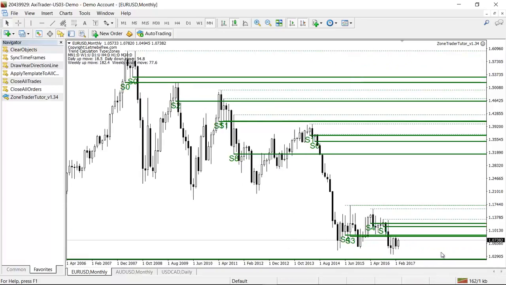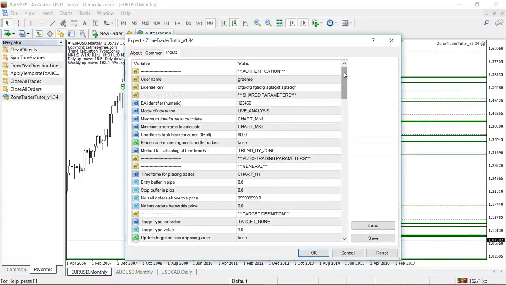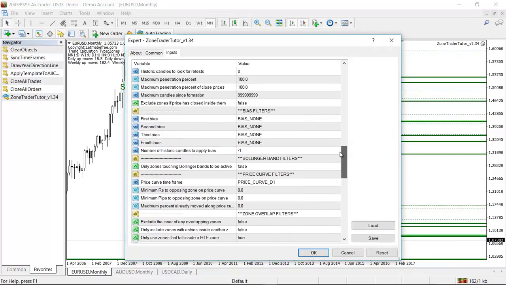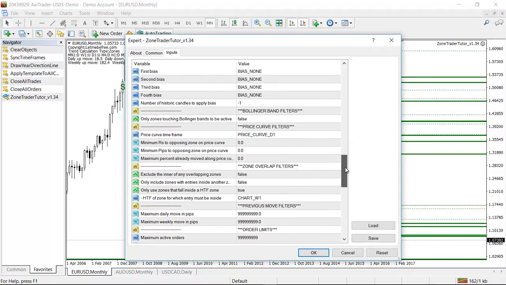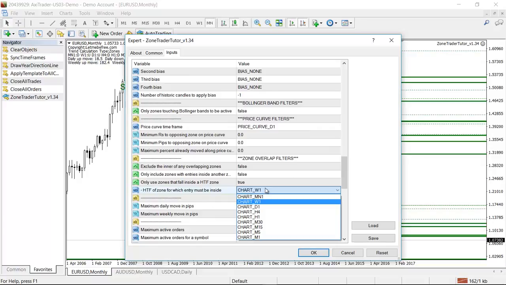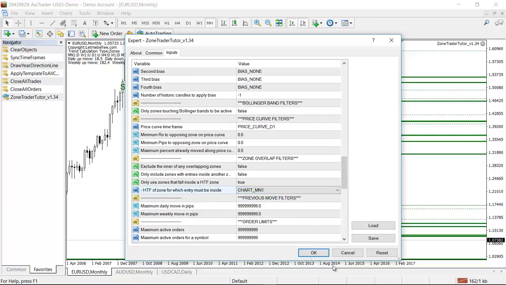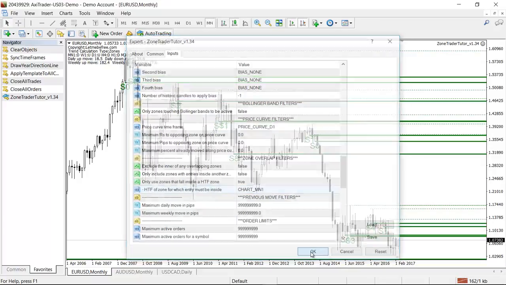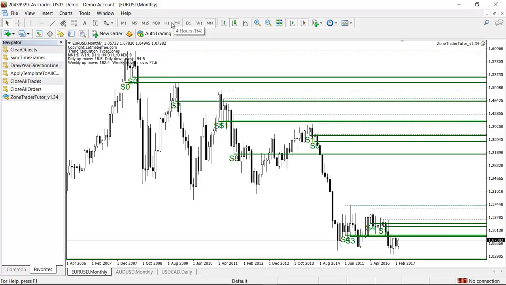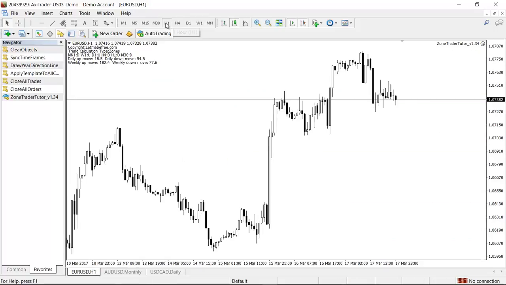We've only got supply zones here, demand is both there, so let's just try it on a monthly. We're going to set zone overlaps so that only zones that appear in a monthly zone will appear. And this will probably get rid of a lot of the ones that we're looking at.